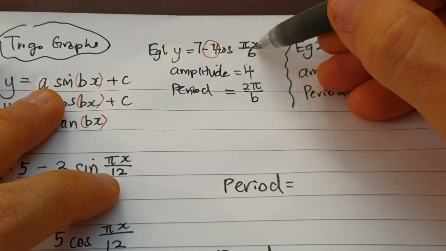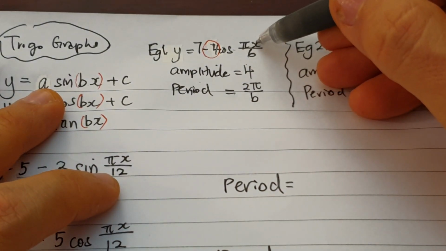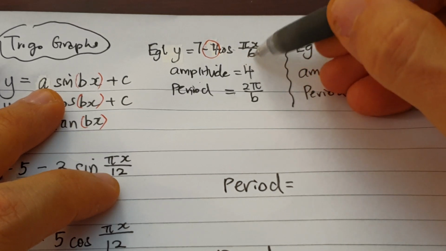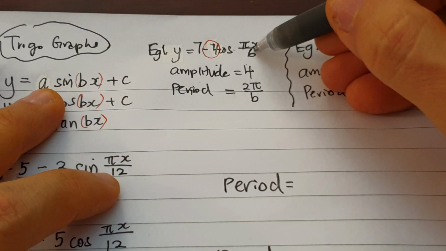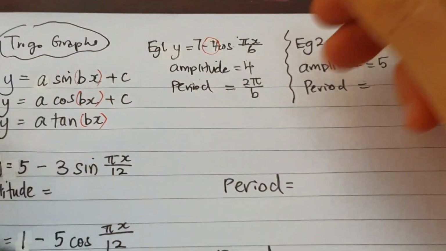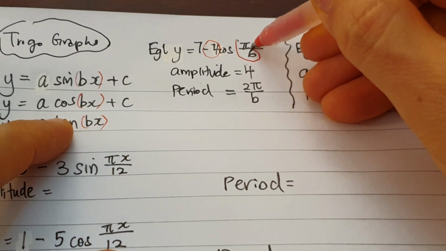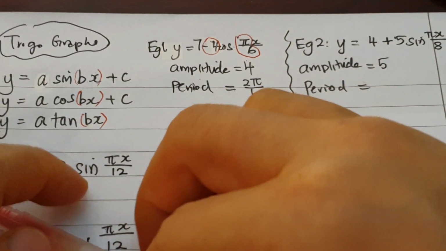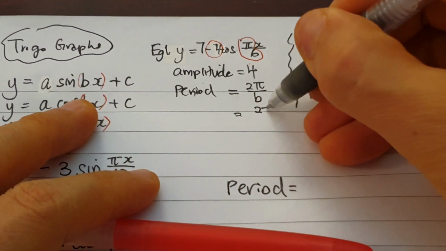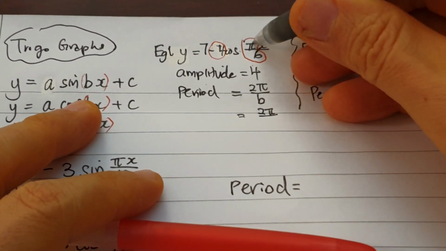So in this particular case, you may think that there's no number in front of the x, it's just pi, right? Then you may think that there's a number under it, which is 6. But actually, the whole b is pi over 6. So to find your period, you need to take 2 pi divided by this b.